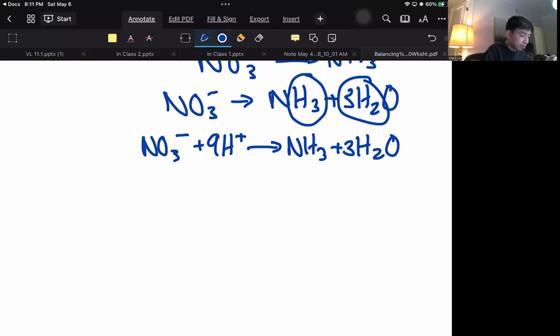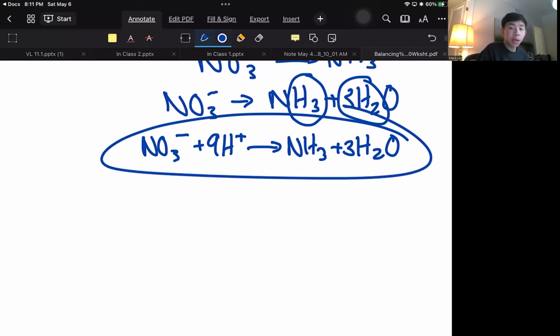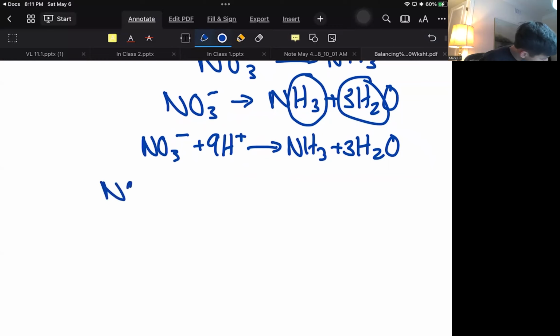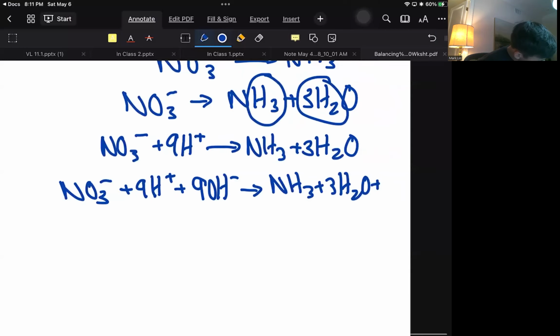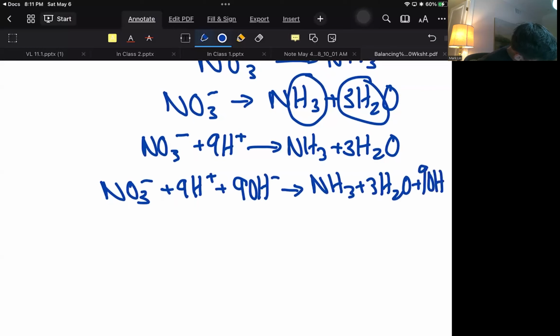The reason why you don't do that for hydrogen is because before adding hydrogen, it was unbalanced. Now you balance it by adding hydrogen, so this whole thing is balanced. But when you add hydroxides, it's added to both sides. NO3 minus plus 9 hydrogens plus 9 OH minus, and on the other side NH3 plus 3H2O plus 9 OH minus.